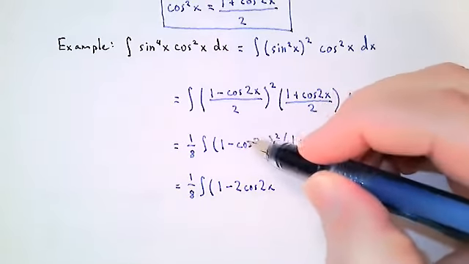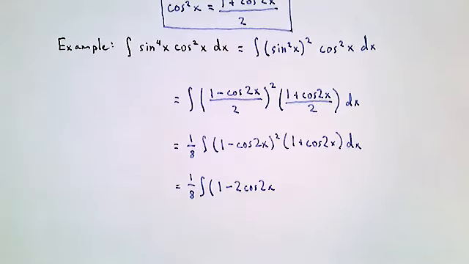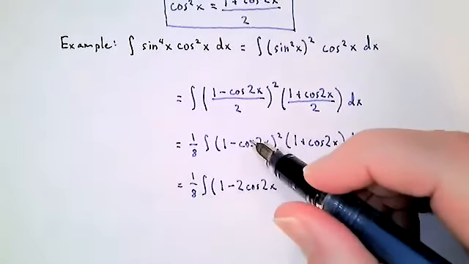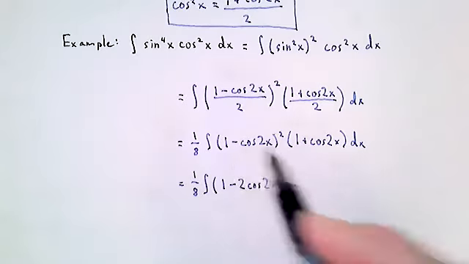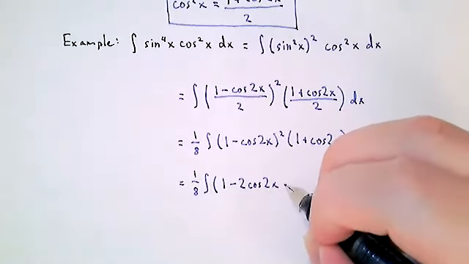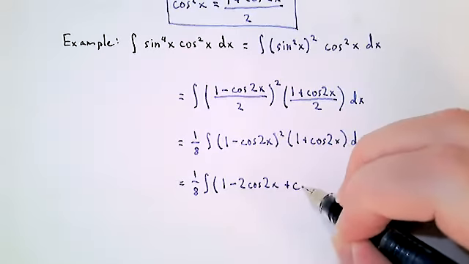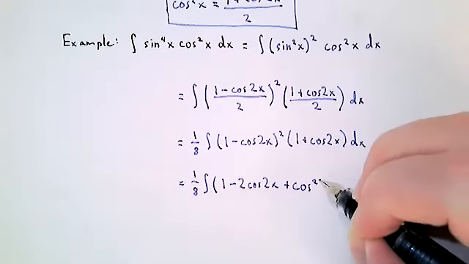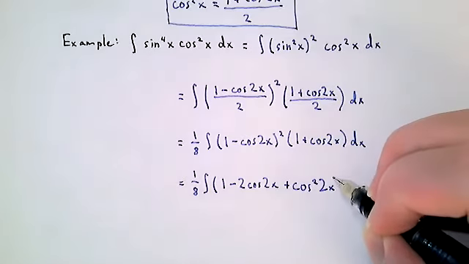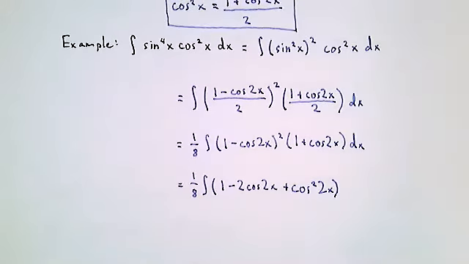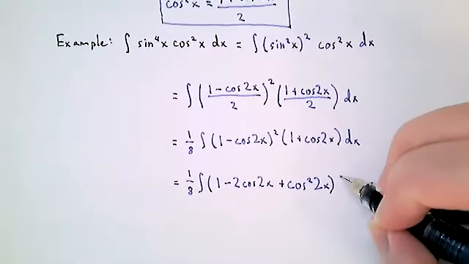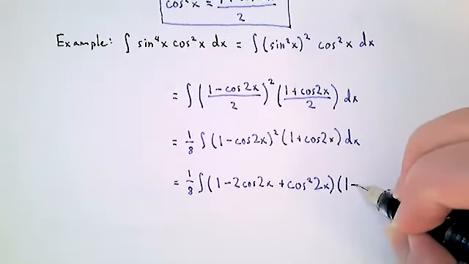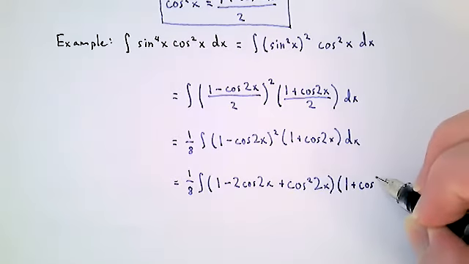That's when you multiply the minus cosine of 2x times 1 twice. And then you'll have to multiply cosine of 2x by itself. So the minus sign goes away, and you get a plus cosine squared of 2x. But we're not done. We still have this guy, 1 plus cosine of 2x.